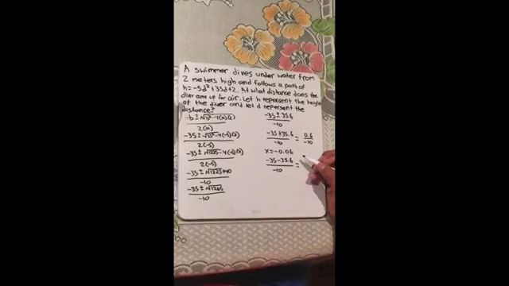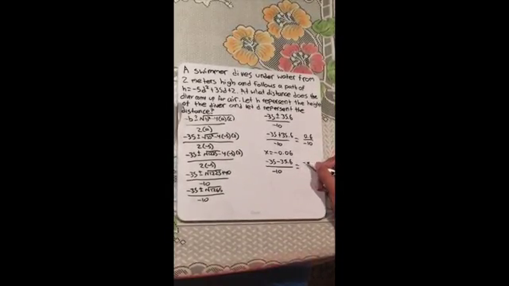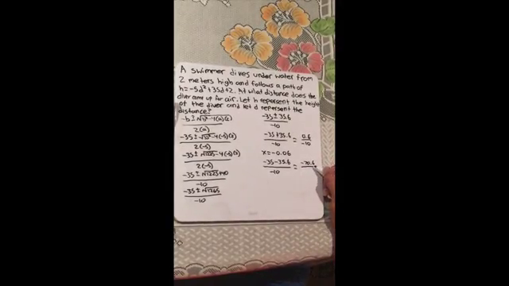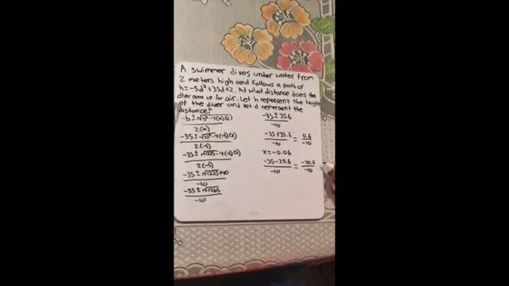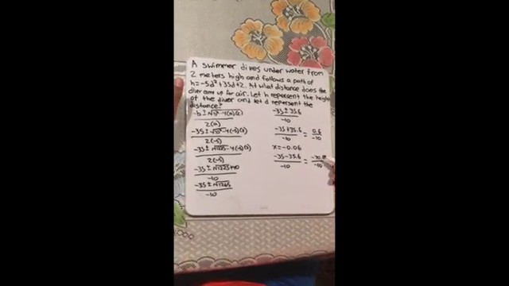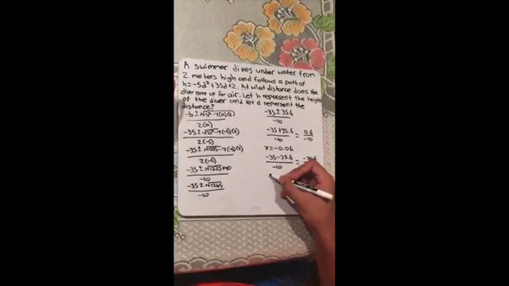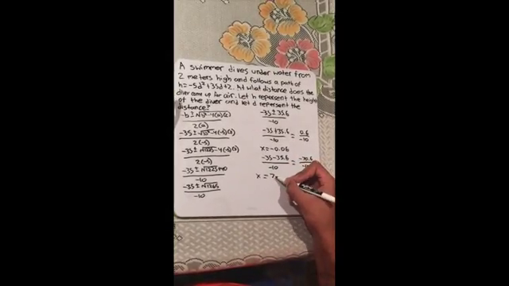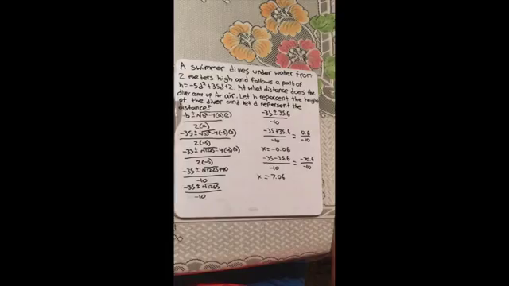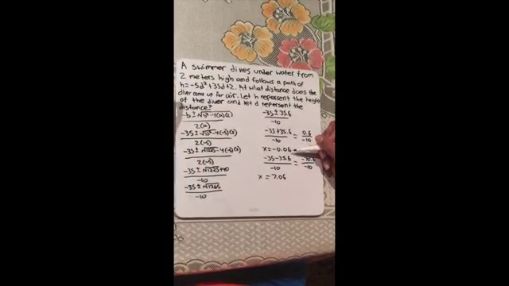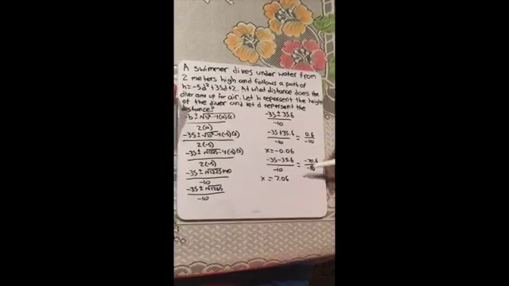So negative 35 subtract 35.6 is negative 70.6, and we're going to divide this by negative 10. So when you divide a negative by a negative, you get a positive. So negative 70.6 divided by negative 10, your x-intercept is going to equal 7.06. So now your two x-intercepts are negative 0.06 and 7.06.